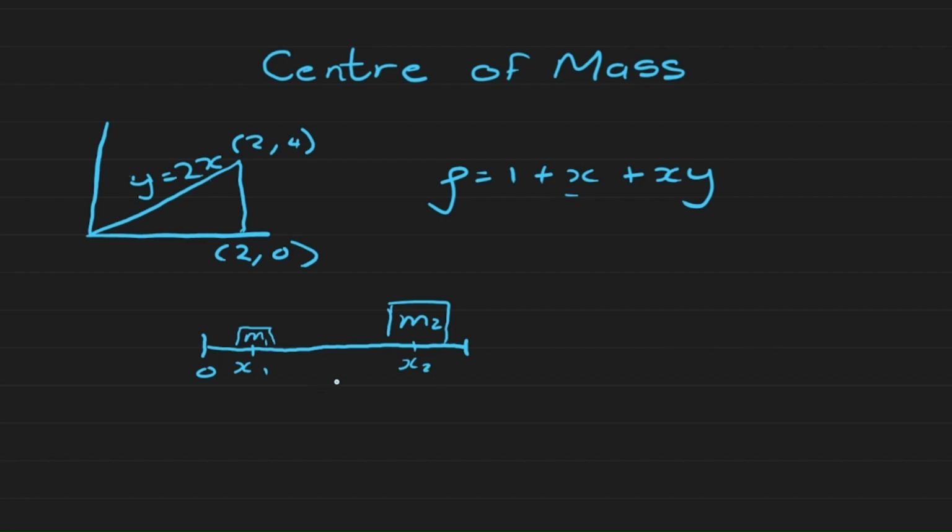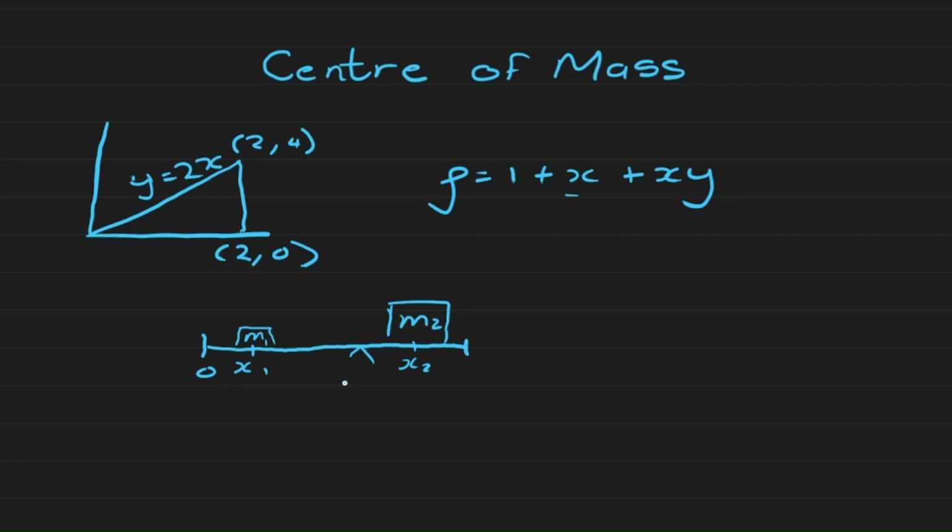The question is, where would we need to put a pivot to make sure that this structure is completely balanced? Should we put it here, or here, or maybe here? Our intuition, or experience, tells us that we should position it somewhere here.